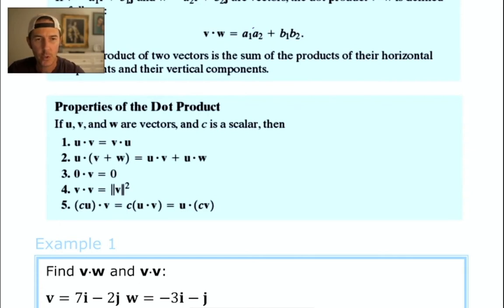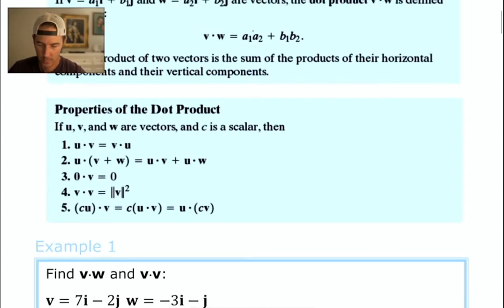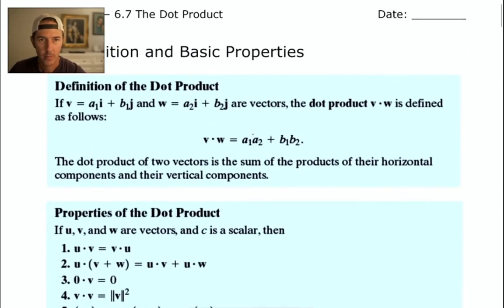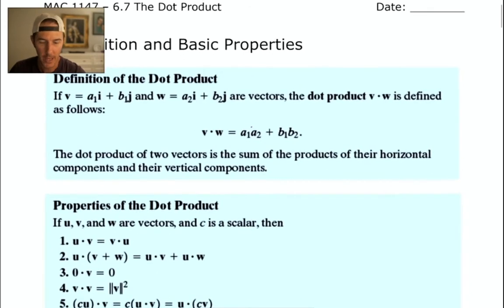In number 2, u is being dotted. Now remember, u and v and w, these are all vectors, and you can think of them in that format, a i plus b j.